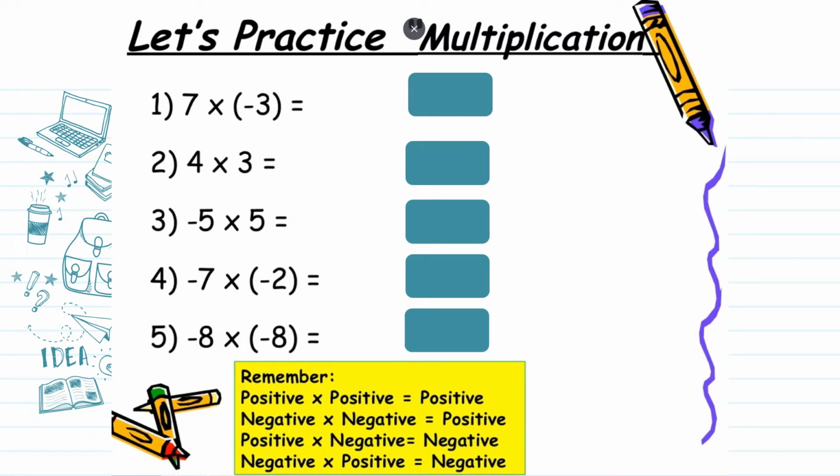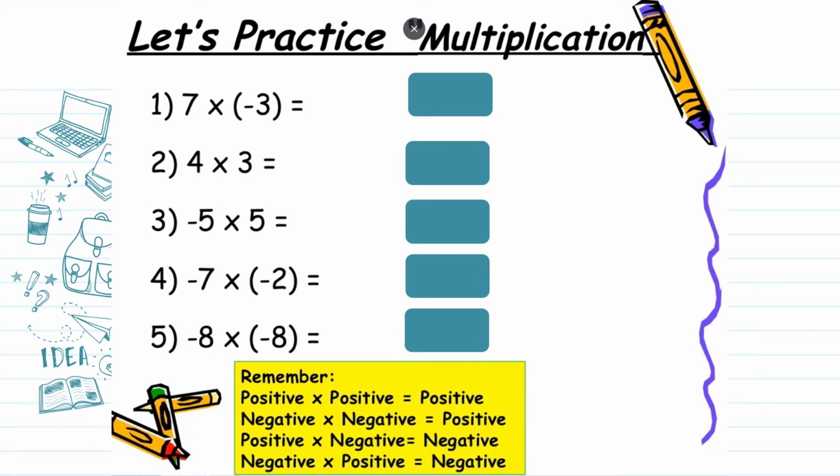For example, we have positive 7 times negative 3. You're just going to multiply the numbers, which is 7 times 3. That will give us an answer of 21.